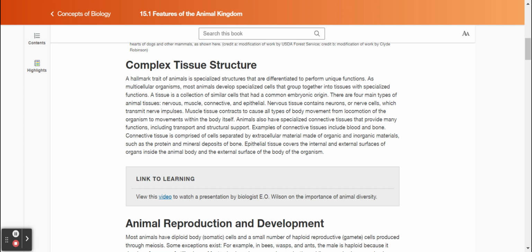Examples of connective tissues include blood and bone. Connective tissue is comprised of cells separated by extracellular material made of organic and inorganic materials, such as the protein and mineral deposits of bone. Epithelial tissue covers the internal and external surfaces of organs inside the animal body and the external surface of the body of the organism.